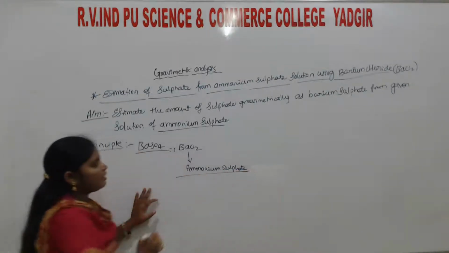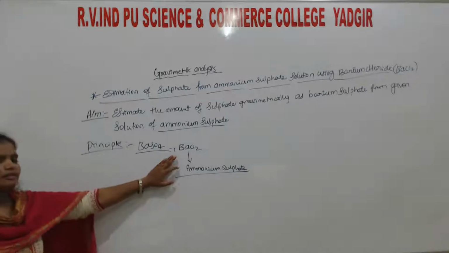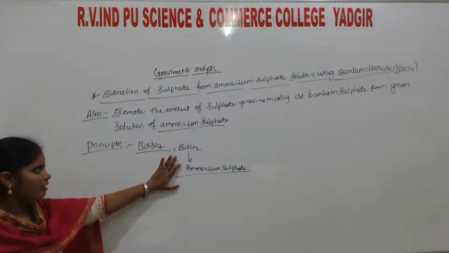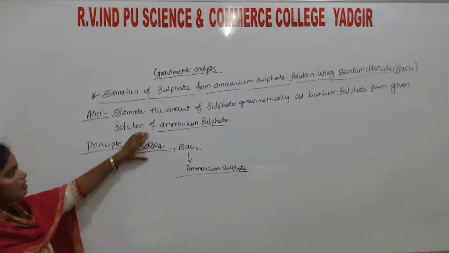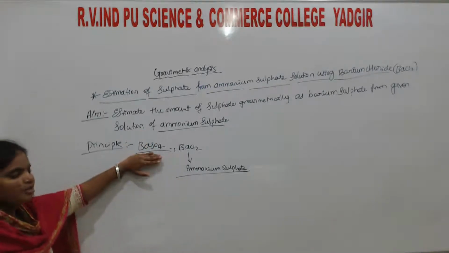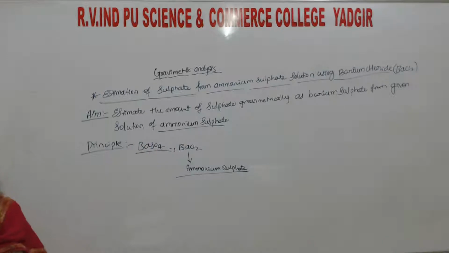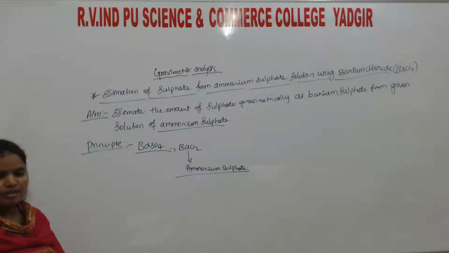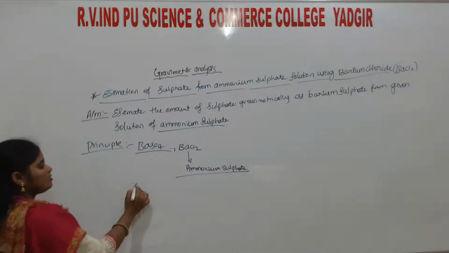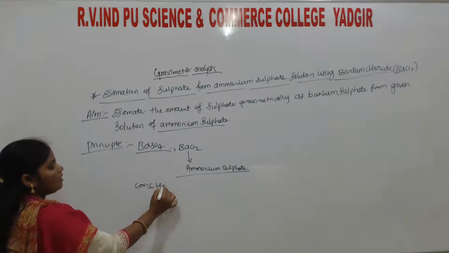In the ammonium sulfate, the barium chloride is added, and the sulfate is precipitated as barium sulfate in the presence of concentrated HCl.